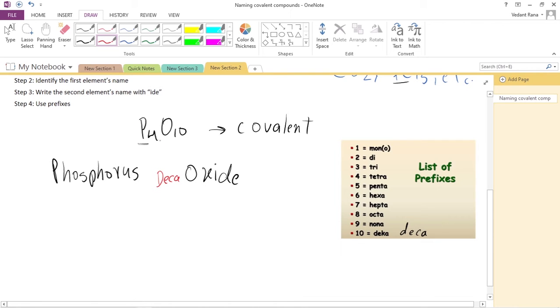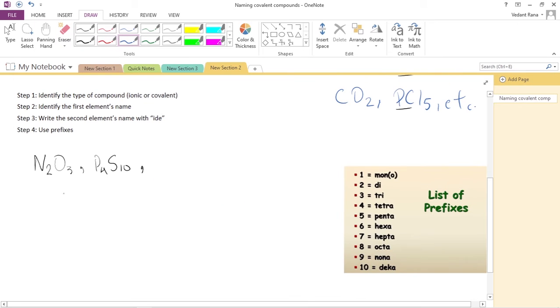And for phosphorus, we have 4 atoms of phosphorus in P4O10, so we're going to use 1, 2, 3, 4, tetra. Now, according to chemists, it's pretty awkward to pronounce deca oxide. They find it convenient to remove the A and pronounce this as dec oxide. But this is another rule, and we're going to learn this at the end of this video.